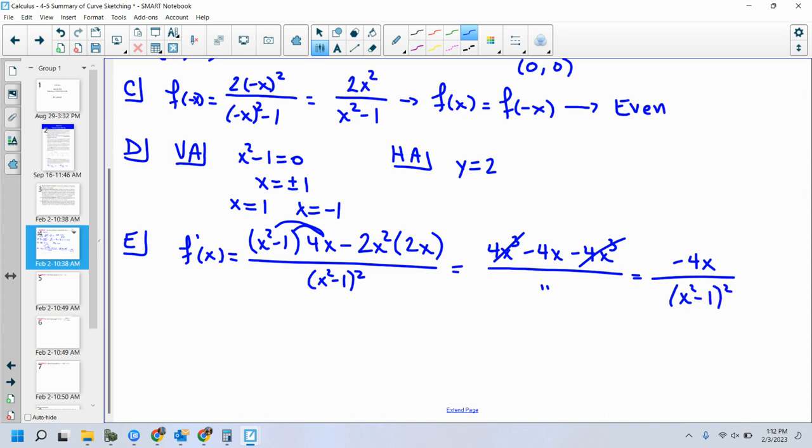Okay, so there's my derivative. Where are my critical values now? Where are my critical points? 0. Good. 0, 1, and negative 1. We see the 0 coming from the numerator, setting negative 4x equal to 0. And the plus or minus 1 is where the derivative would be undefined, where the denominator equals 0. Okay, so now we do a quick number line test.